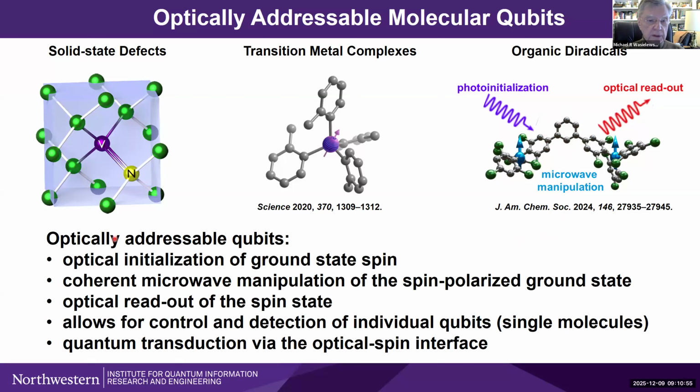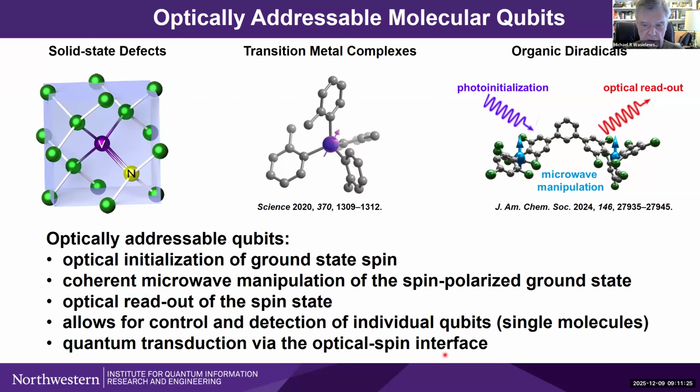So what are our tasks? For optically addressable qubits in this sense, we want to be able to optically initiate the ground state. We want to be able to do coherent microwave manipulation of this spin polarized ground state. We want to be able to read it out optically. What that allows one to do ultimately, if you have highly luminescent materials, is in principle go down to the single molecule level and have a single molecule sensor, if you will.